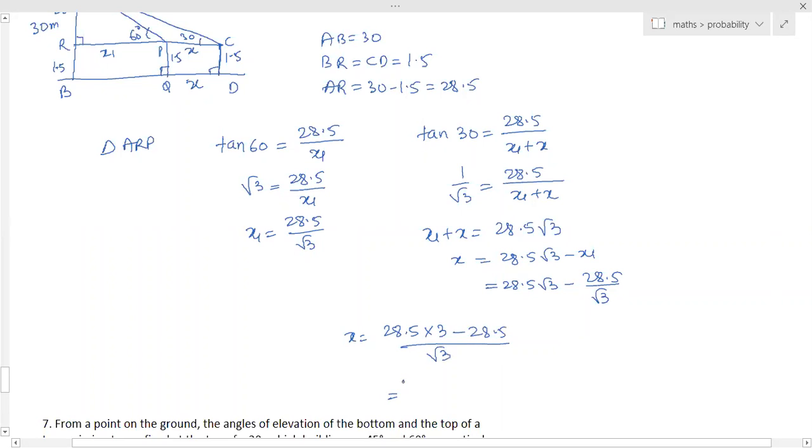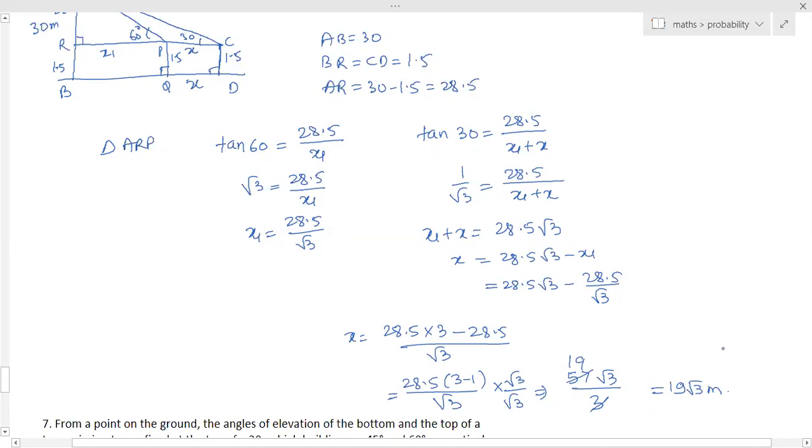So take 28.5 common, 3 minus 1 by root 3 into root 3 by root 3, which is equal to 28.5 into 2, that is 57, root 3 by 3, that is 19 root 3.